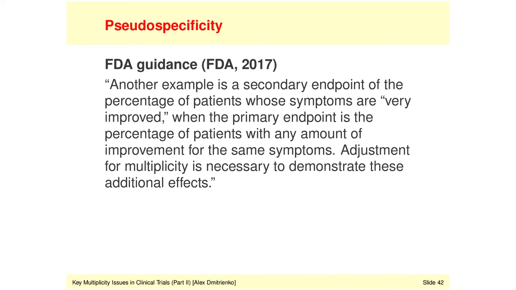It is stated in the FDA guidance that another example is a secondary endpoint of the percentage of patients whose symptoms are very improved, when the primary endpoint is the percentage of patients with any amount of improvement for the same symptoms. Adjustment for multiplicity is necessary to demonstrate these additional effects.